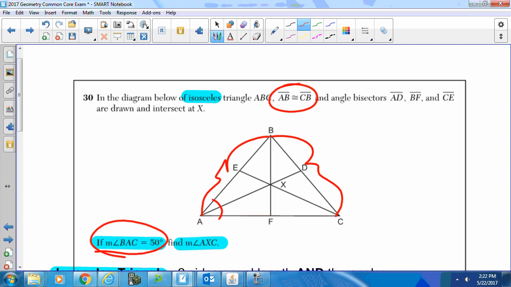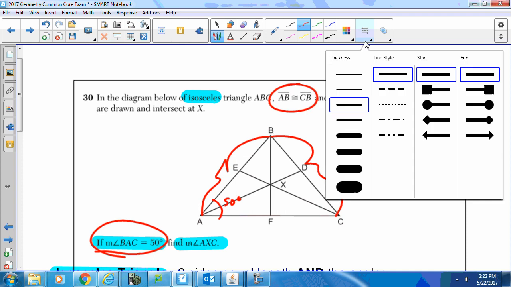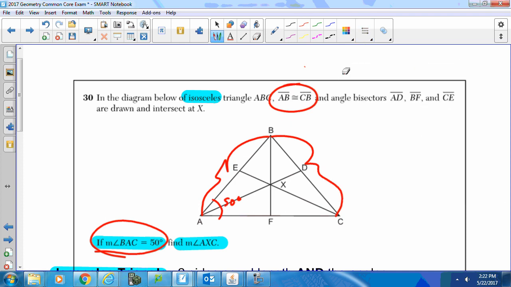That means that is 50 degrees. Now, if that's 50 and AD is an angle bisector, it cuts it in half, which means that this angle down here is 25, and this angle is 25.